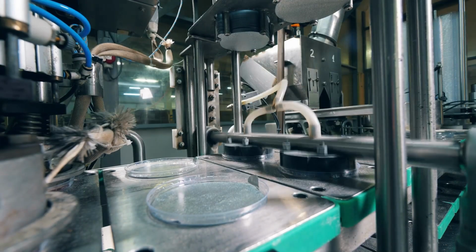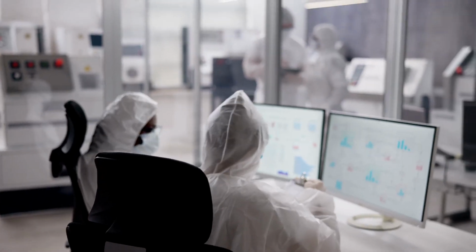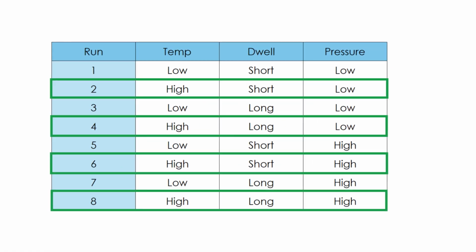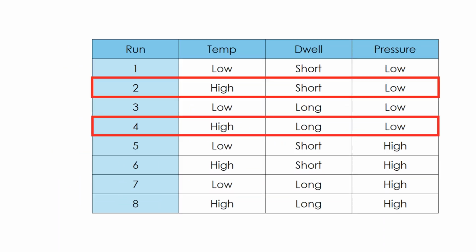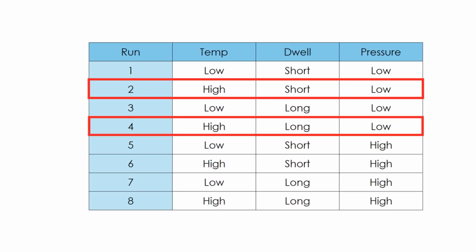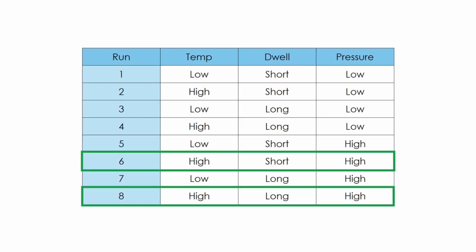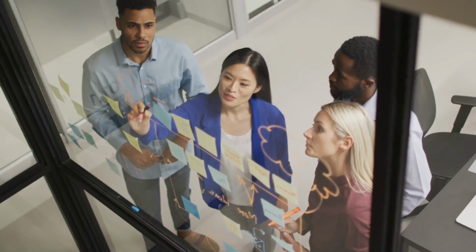Let's revisit our packaging example. After running the 8 DOE trials, here's what the quality engineer finds. High pressure and long dwell time reduce leaks. High temperature improves sealing, but at too high a level it distorts the package. Most interestingly, pressure and temperature interact. If pressure is low, high temperature doesn't help, but if pressure is high, high temperature greatly improves strength.